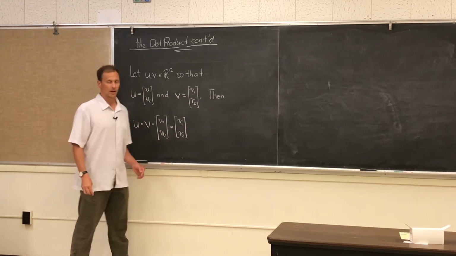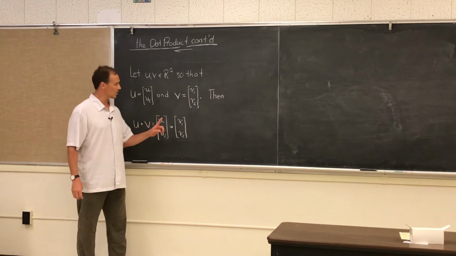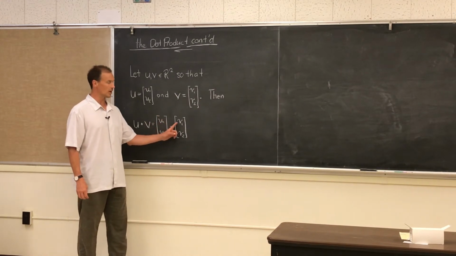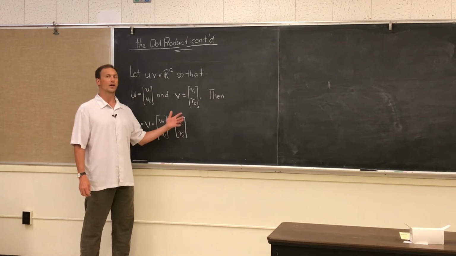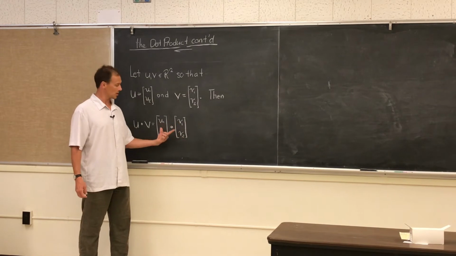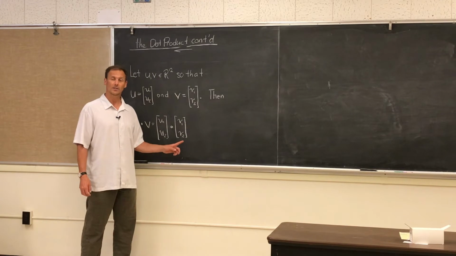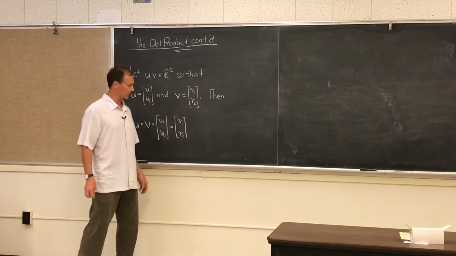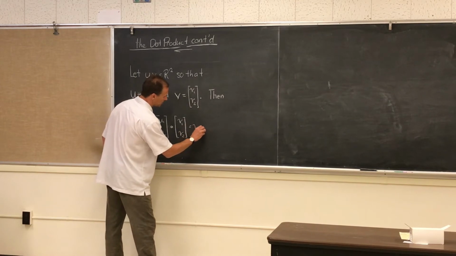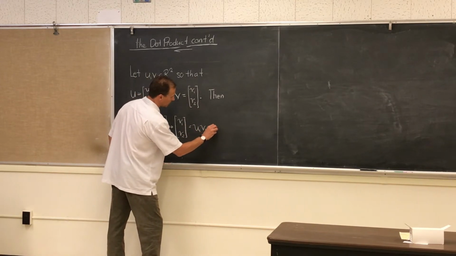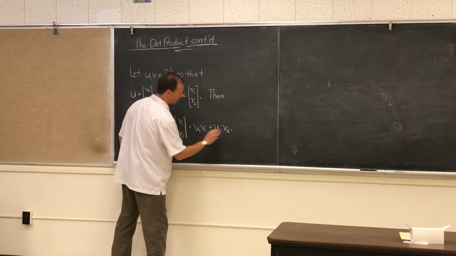The dot product says that what we do is a sum of the products component-wise. So it's U1 times V1 plus U2 times V2, and then we stop. But if there were more components, it'd be plus, and we'd continue down to U3 times V3 and continue through all the components of the vectors. And so we can write this as U1 V1 plus U2 V2. That's the dot product.